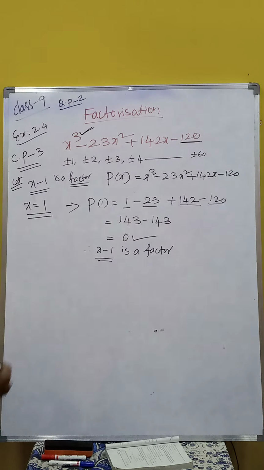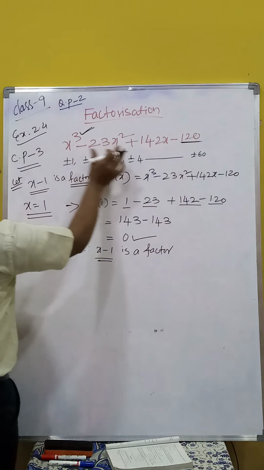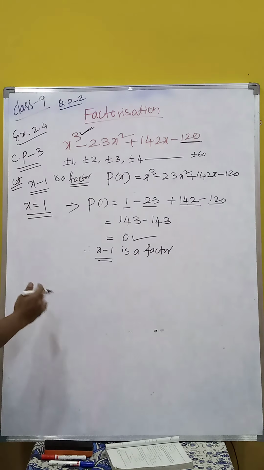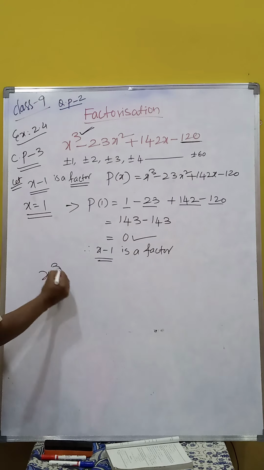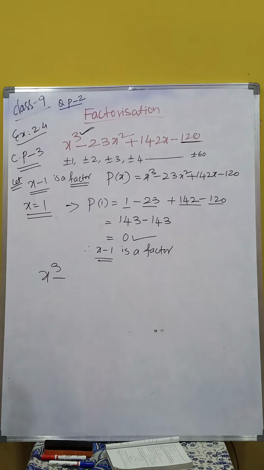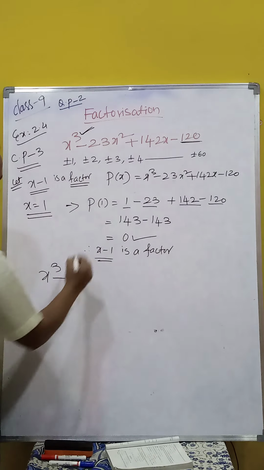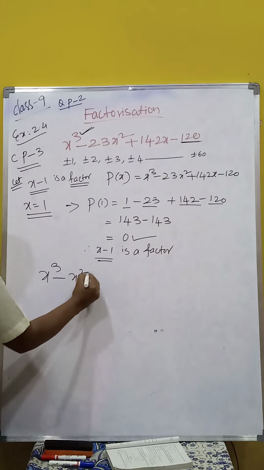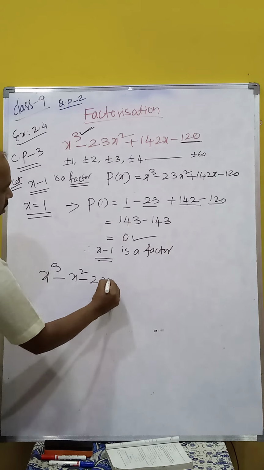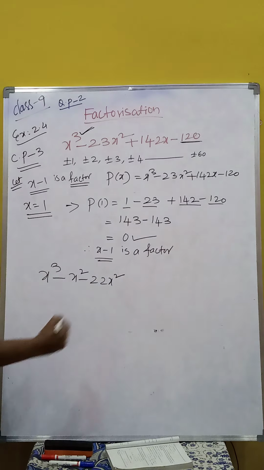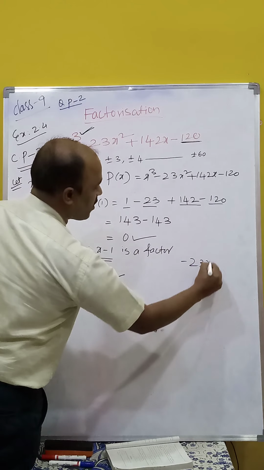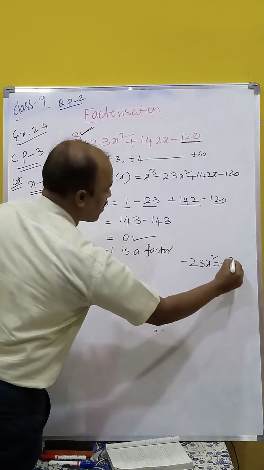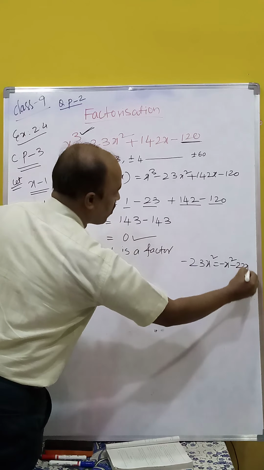First method I will explain here. What is the given polynomial? Just change it. Just adjustment. How to change it? I will show you. x cube minus, this term I will change: minus 23 x square as minus x square minus 22 x square.